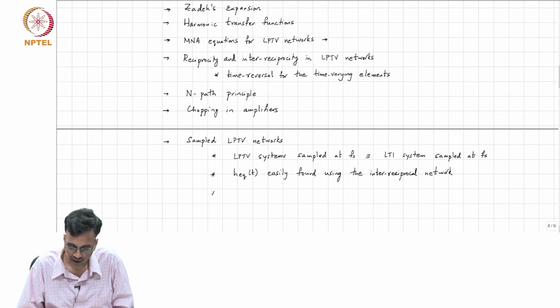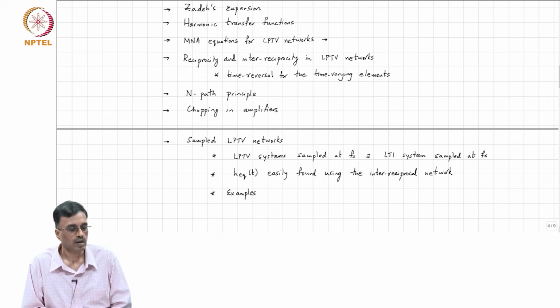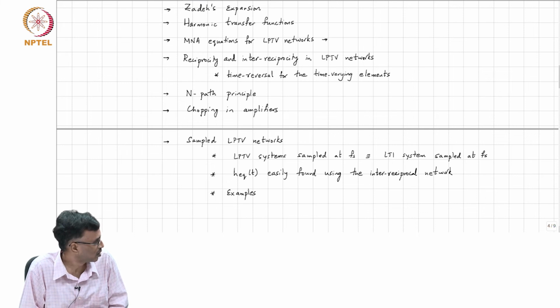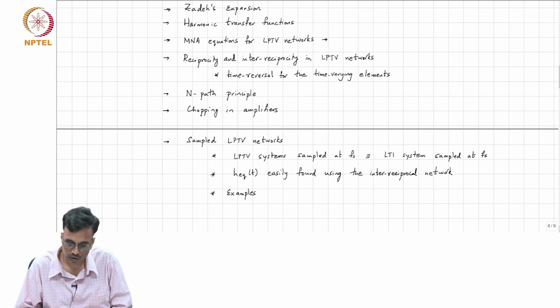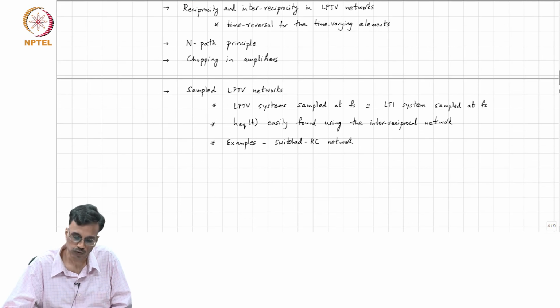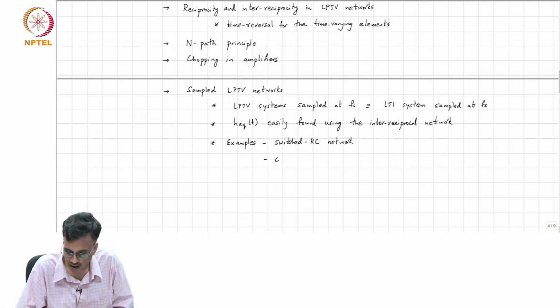And we saw some examples, and again we saw that in the case of the switched RC network, we found the H equivalent of t. We also saw another very useful LPTV system, namely the continuous time delta sigma converter.